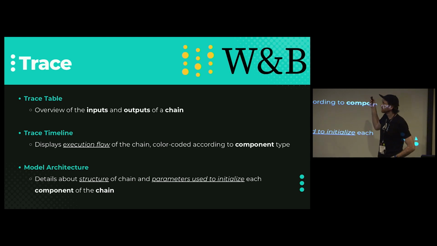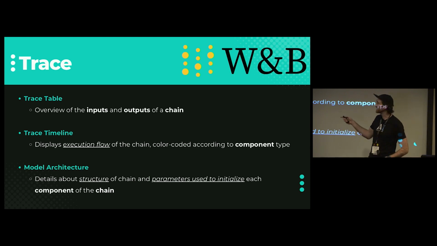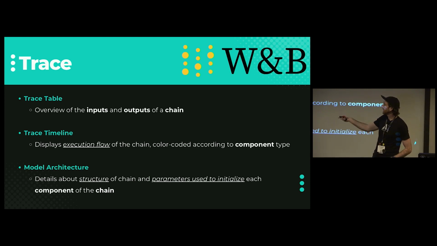W&B came out with Trace, and they were sort of a leading LLM ops tool. They were in the A16Z article, one of the first people that used LLM ops in their marketing materials, and so you'll find them. They're very well indexed with SEO because of that. And they have trace table, trace timeline, and it's all about, can I see the inputs and outputs of anything in my chains?